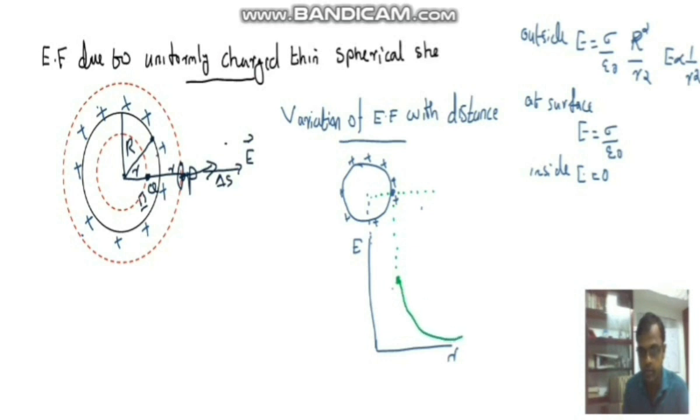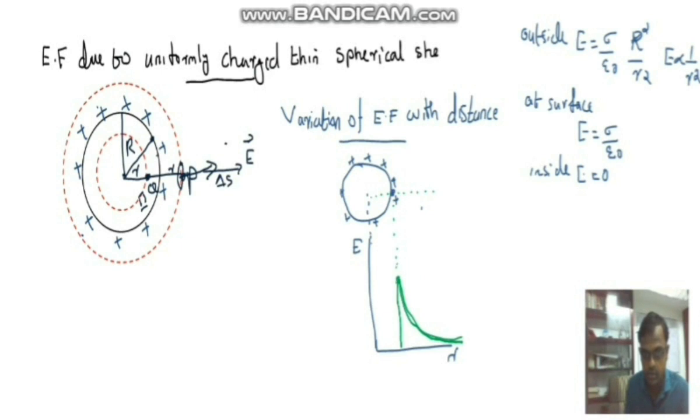You see this graph here. This is the graph connecting electric field and the radius. Radius means the distance. Inside it is 0, so everywhere it is 0. At the surface, this is the maximum. You can see the graph keeps on decreasing.